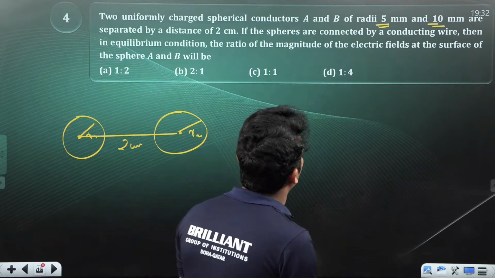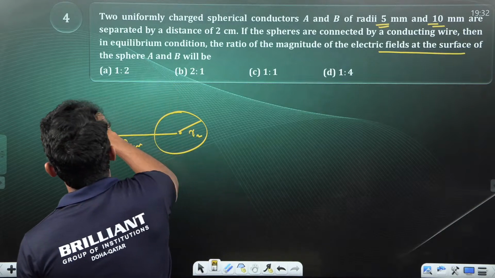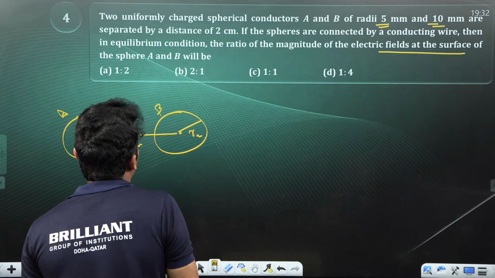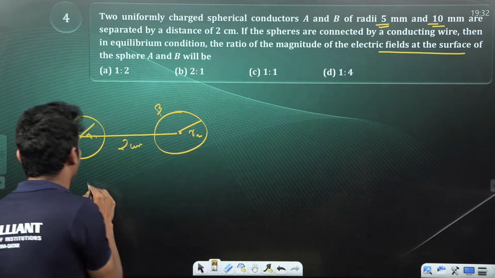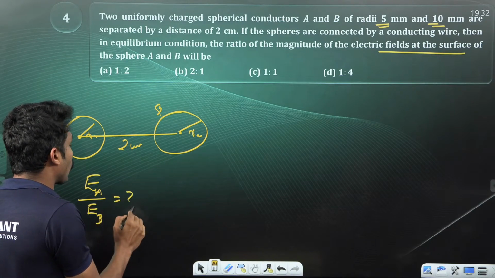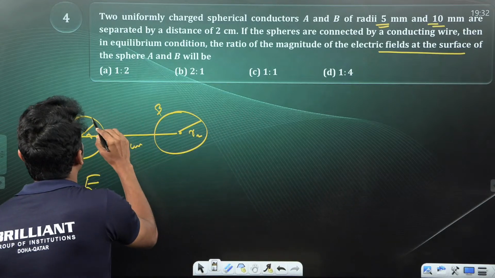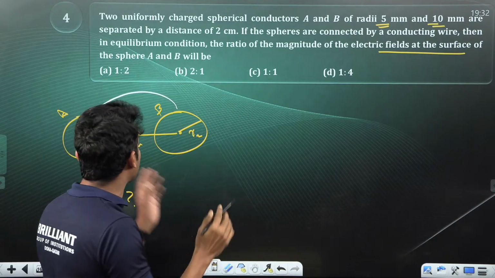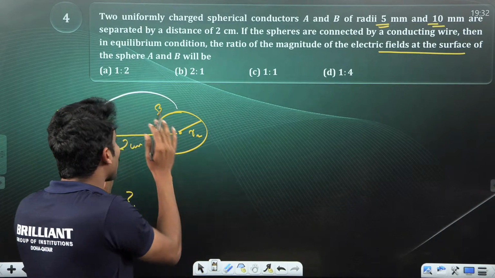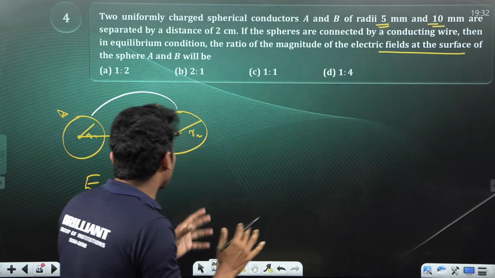Now, if the spheres are connected by a conducting wire, then in the equilibrium condition, the ratio of magnitude of electric field at the surface of sphere A, let this be sphere A, let this be sphere B, EA divided by EB is asked. When these two spheres are connected by a wire, there will be charge redistribution. Charge sharing will be there till the potential becomes the same.